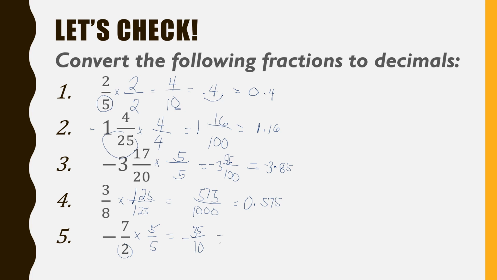And then we write it as a whole number first, since there is only one 0 and our decimal point is here, so we will move only one place to the left. So we have 3.5, or negative 3.5 because we have a negative sign in the given. The final answer here then is negative 3.5.